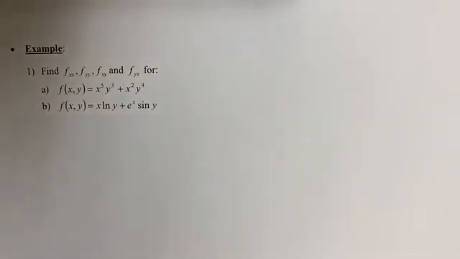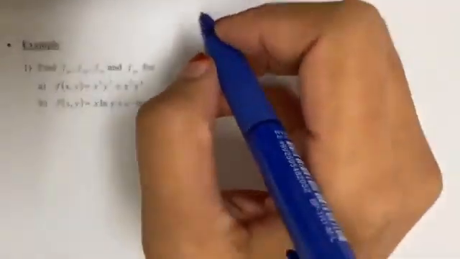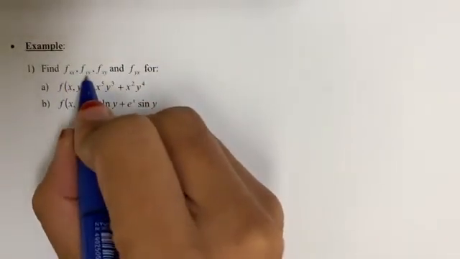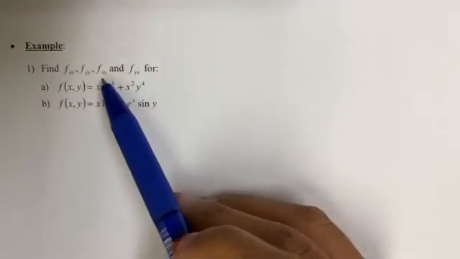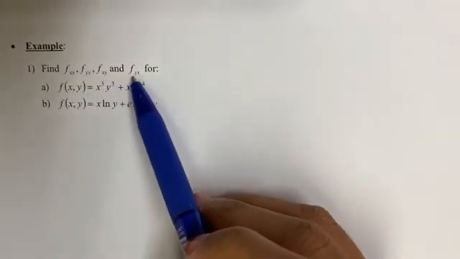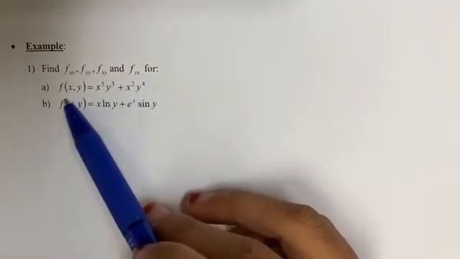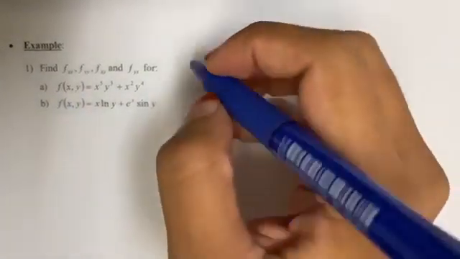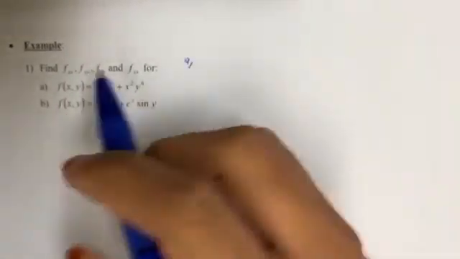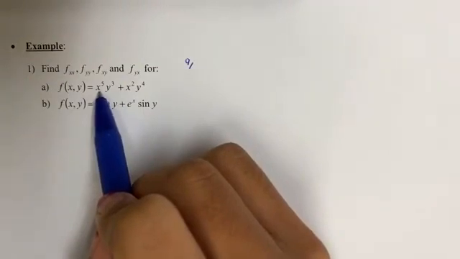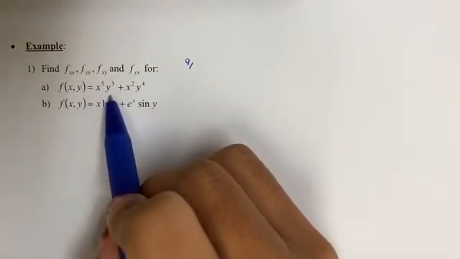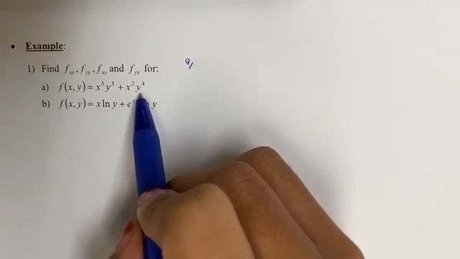Okay, for example 1, for the first example, find f_xx, f_xy, f_yy, and f_yx for these two. Okay, so start with A. f(x,y) is equal to x to the power of 5, y cubed plus x square, y to the power of 4.